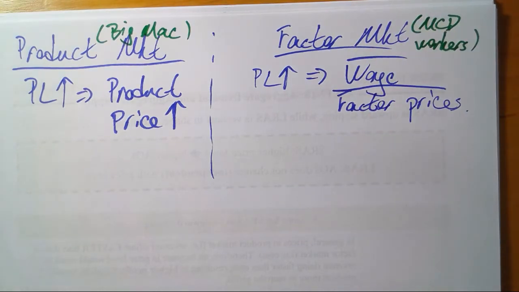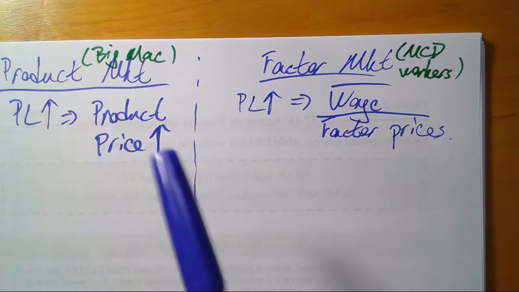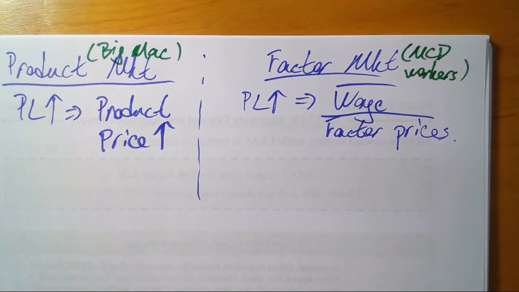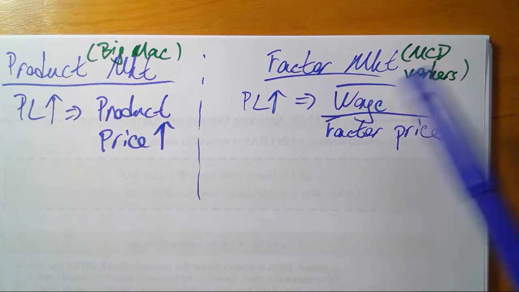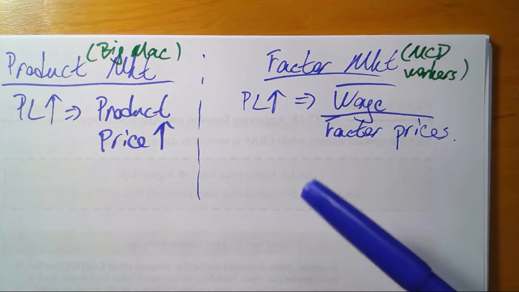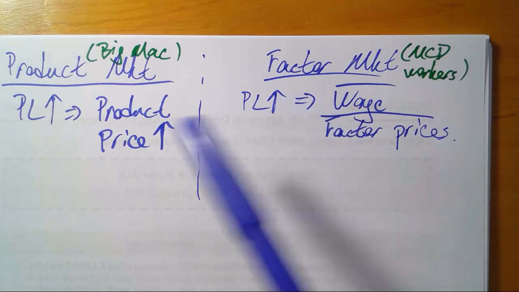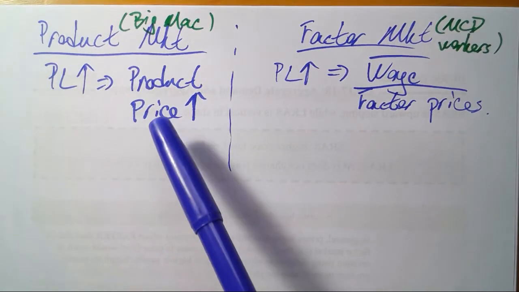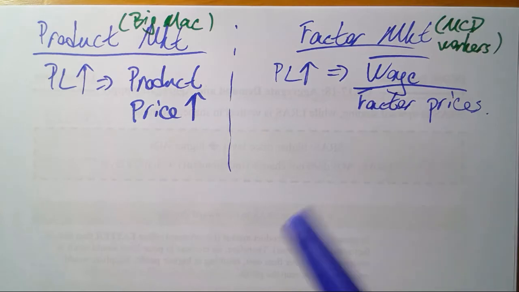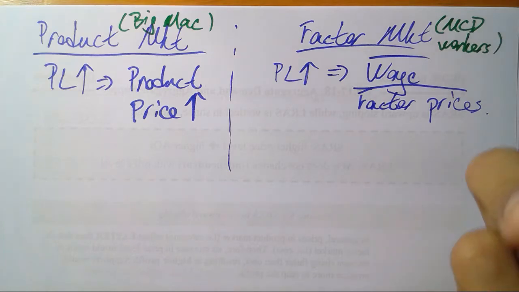How come? Because of contract. Okay, now for example, let's say very easy. Big Mac increase in price, but then those McDonald workers, they signed the contract for 1 year. A 1-year contract, right? So even though maybe during that year the price level increased by let's say 3 times, their wage has to follow the contract. Now therefore, usually in the short run, product price can move very fast, but factor price does not move, or even if they move, only very slowly.